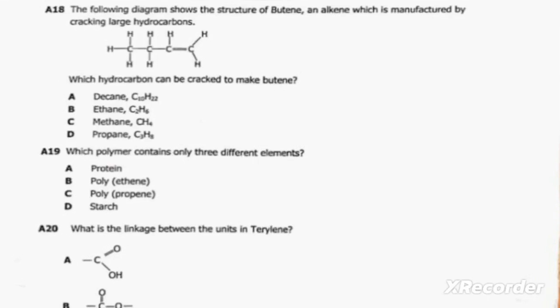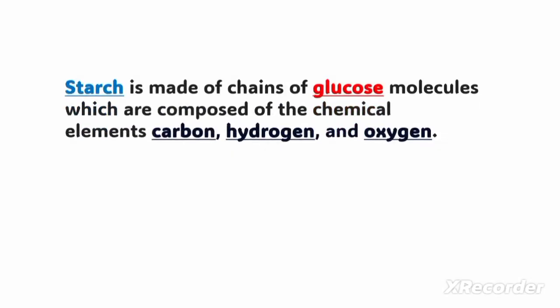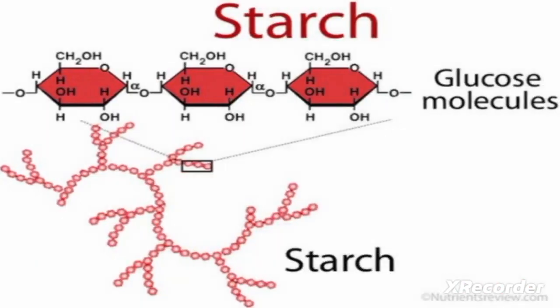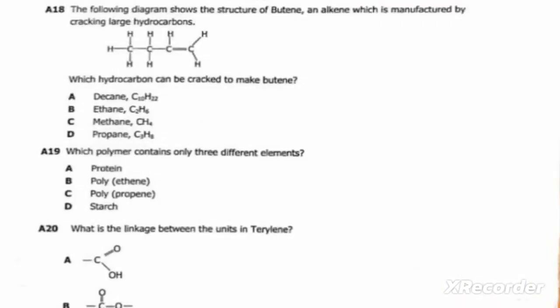So we need to understand that starch is made up of chains of glucose molecules which are composed of chemical elements: carbon, hydrogen, and oxygen. Glucose is made up of 3 elements: carbon, hydrogen, and oxygen. And more than 2 glucose units form the polysaccharide called starch. So our correct answer therefore is D.